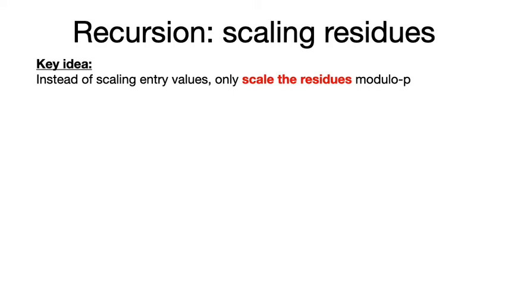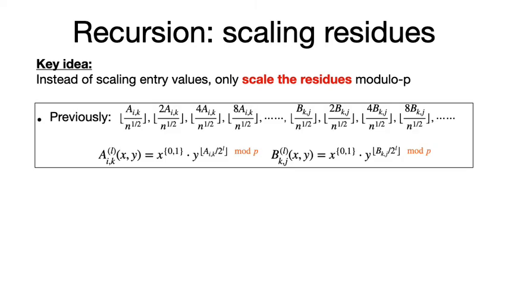The key to circumvent this issue is that instead of scaling entry values, we only scale the residues. Previously, we were considering values like this sequence and take mod P on the y degrees for each pair of polynomial matrices.